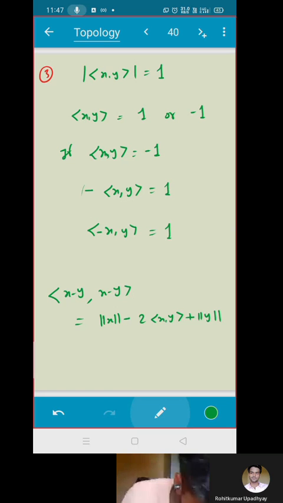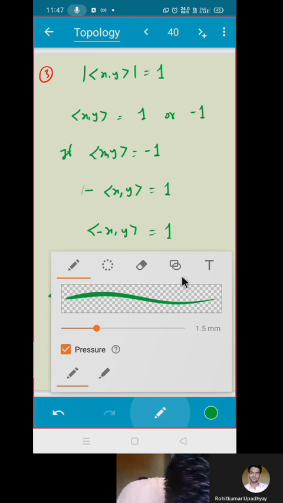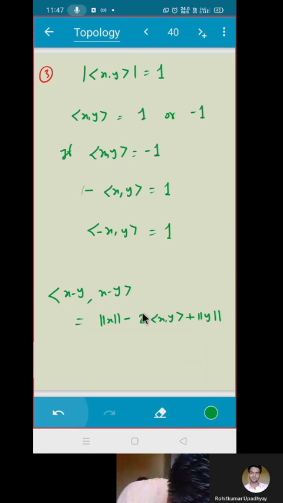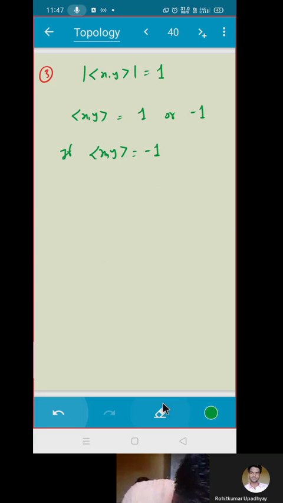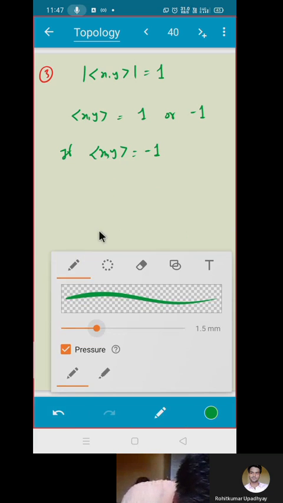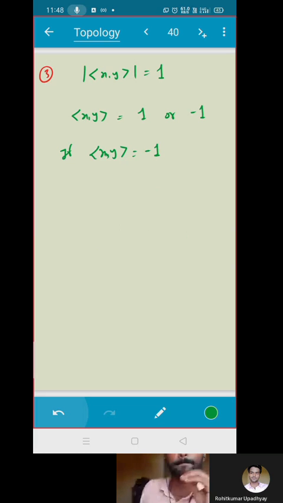First of all, are you with the point? What do you have? What you are supposed to prove? Are you with that thing? Let us just forget this thing. And what you are supposed to prove? Think about that. We want to prove mod of inner product of xy is less than or equal to norm x, norm y, correct?